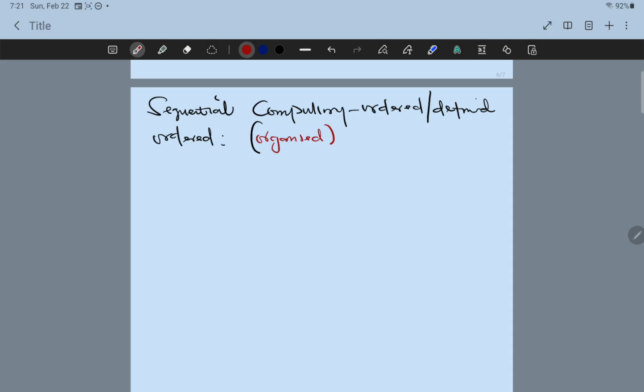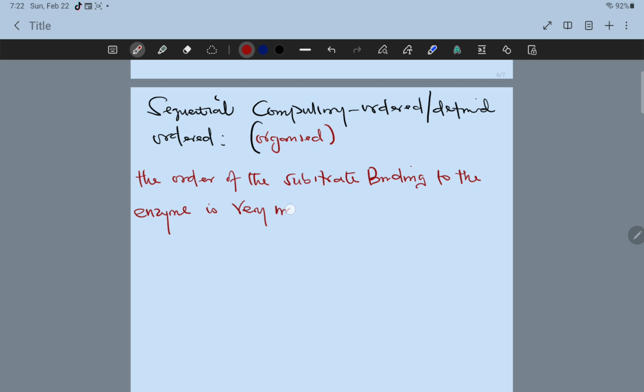And so because of that, the order of the substrate binding to the enzyme is very, very important.